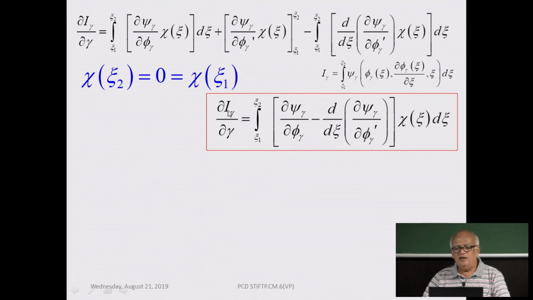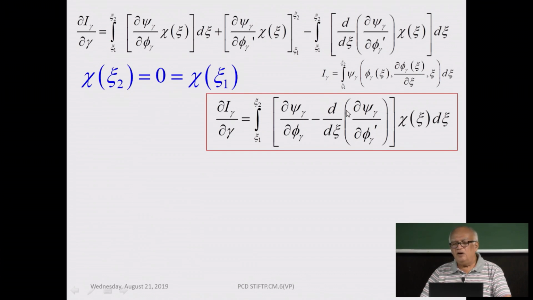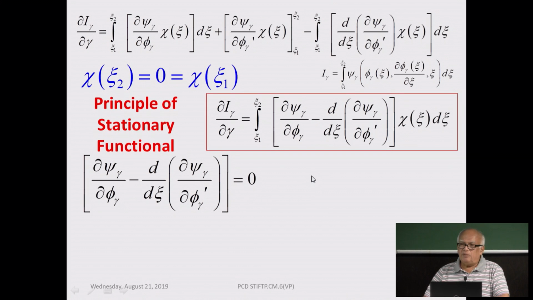So, the left hand side is del I by del gamma, and then you have got the first term and the second term. I have extracted the common factor chi, and then you have got this term over here and this term over here, and the requirement that this is stationary, the principle of stationary functional, the necessary and the sufficient condition, no matter how you vary chi in between, no matter how it is controlled in between.